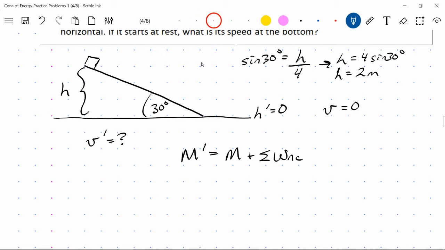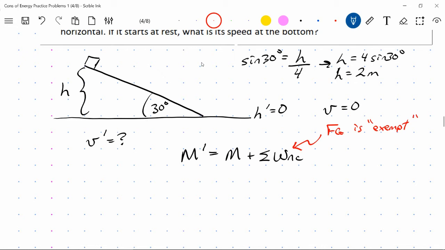Had there been friction on this incline, I would have had more to say about this net work of non-conservative forces, but being frictionless, the force of gravity is exempt, as I have been doing. The reason it's exempt is we've already got gravity figured out in the gravitational potential energy.